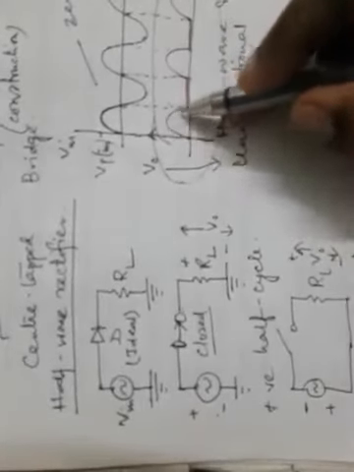So this output signal is called a half wave signal, and it will produce a unidirectional load current, because the load current will flow only based on this positive replica of the input signal, and nothing will flow in the negative part of the input signal.